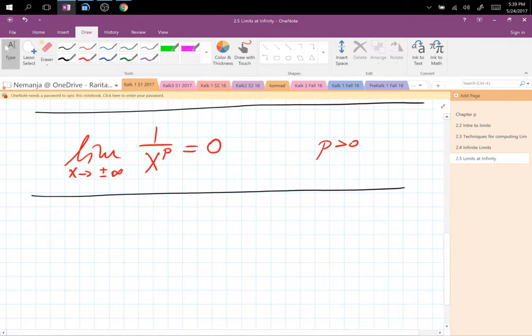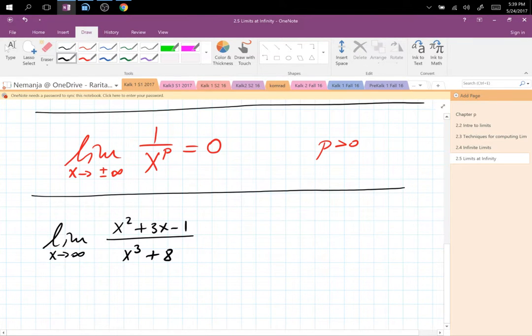So what's the next step? The next step is to solve a slightly more complicated problem, which says the limit as x goes to infinity for, let's say, x squared plus 3x minus 1 divided by x cubed plus 8, whatever. Now we want to do this problem.